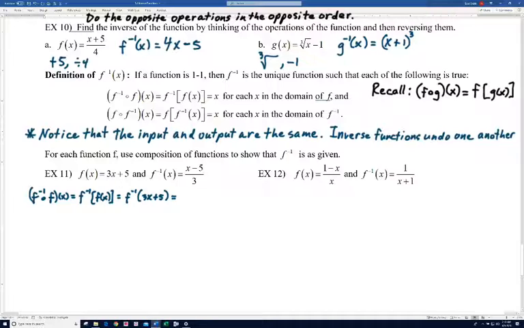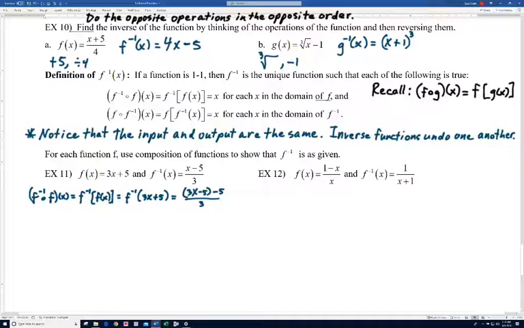And so that's going to be, let's see, this function here, what does it do? Well, it takes the input, x, subtracts 5, and then divides by 3. So I'm going to go ahead and make a shell, and I'm going to plug in my input. And so notice in the numerator, you could drop the parentheses there. You have 3x minus 5.